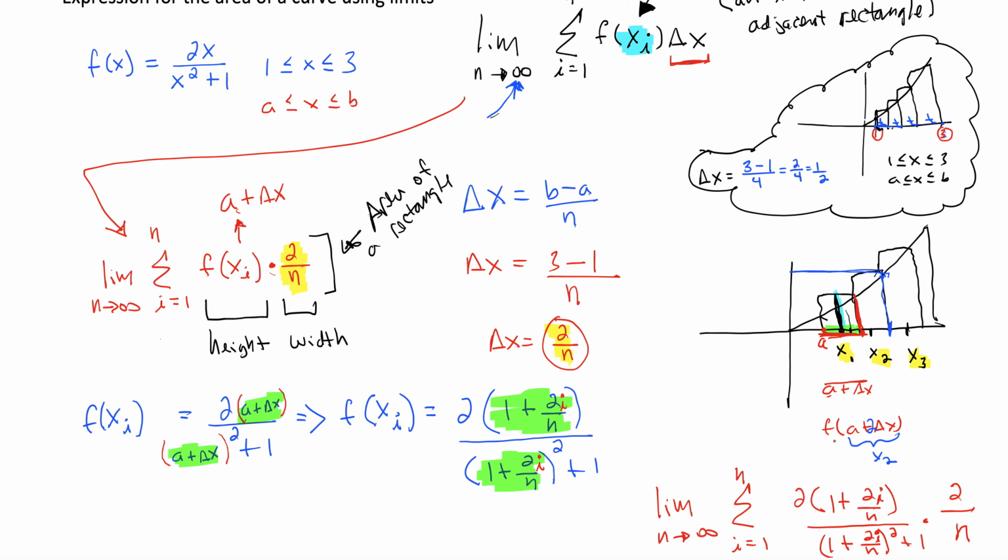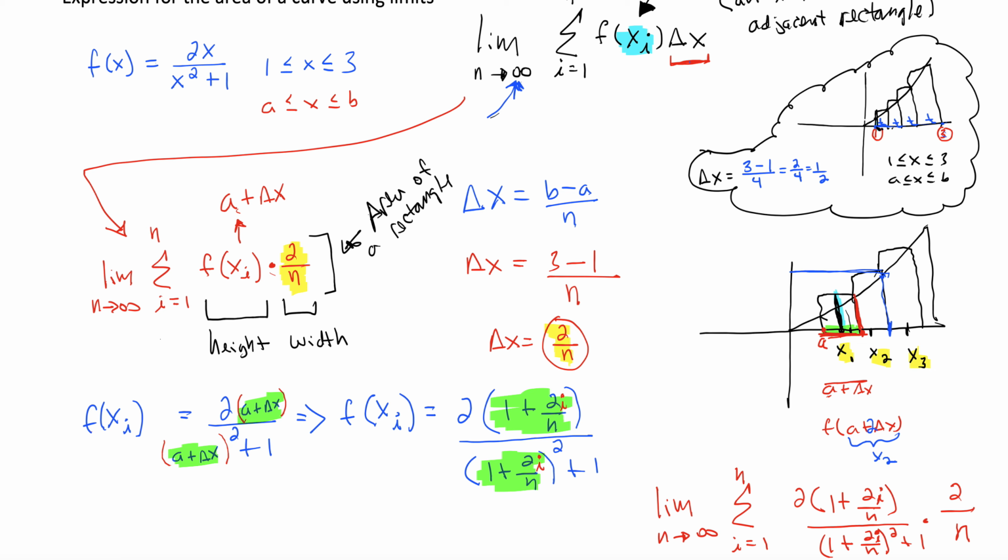If you wanted, that part would give you the area of the first rectangle. If you want the area of the second rectangle, you would just put a 2 for I.